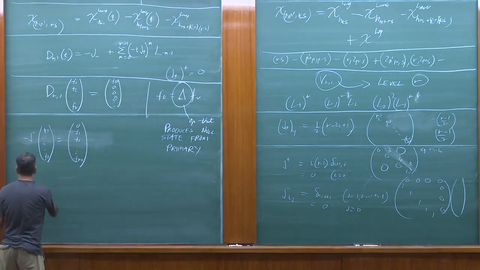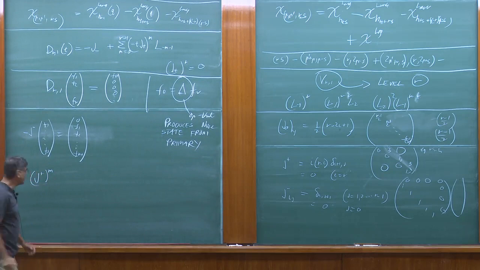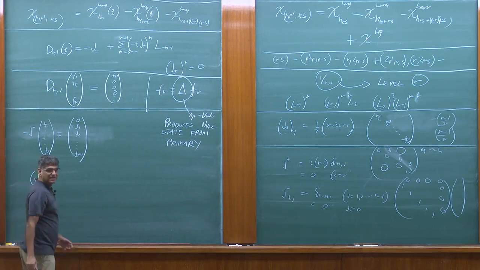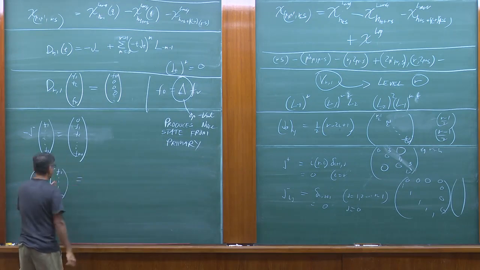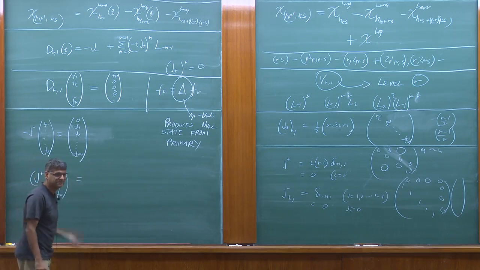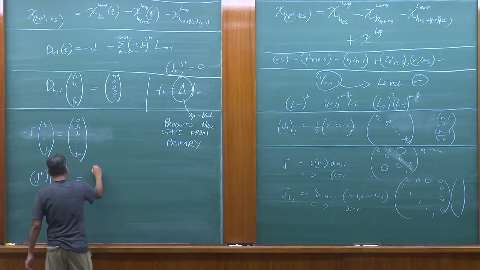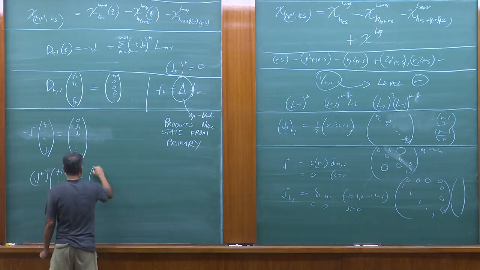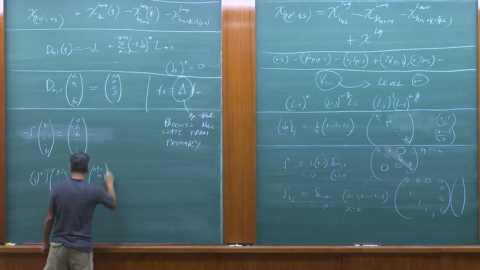Okay. And what about j plus to the power m? Let's first do j plus. J plus on F1 through Fr. Now, not keeping track of numbers, this guy raises, so this gives us F2, some numbers, F3, up to Fr, and then 0.